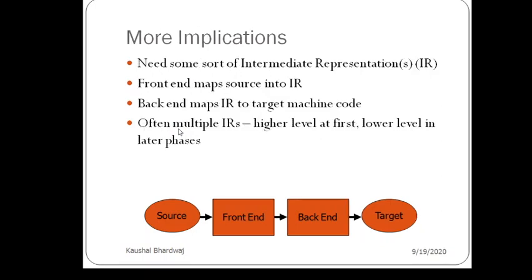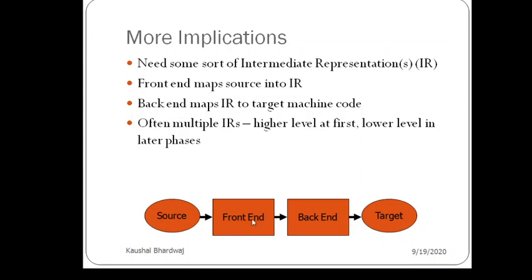Also, we need some sort of intermediate representation. There are different intermediate representations, as you will see later, but there will be something called a tree representation. Still we need some kind of intermediate representation, at least one, which is fixed in one compilation. So the front end maps source into intermediate representation.